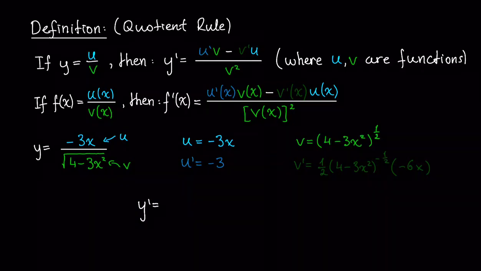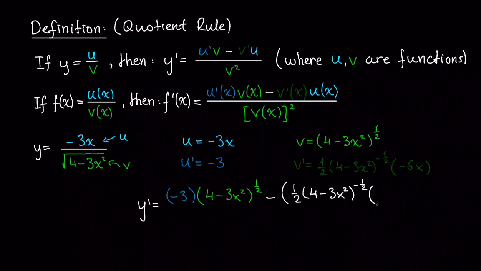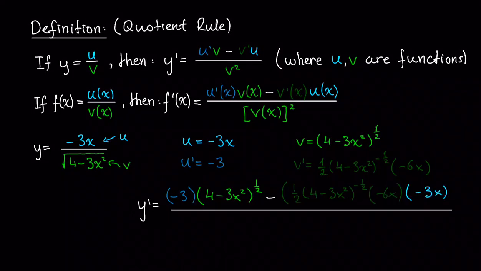So now that we have all of the four components we need, we can find the expression for y prime. So firstly, u prime times v, negative 3 times original of v, (4 minus 3x squared) to the power of 1/2. And we subtract this by v prime, 1/2 times (4 minus 3x squared) to the power of negative 1/2 times negative 6, and multiplied by the original of u, which is negative 3x.